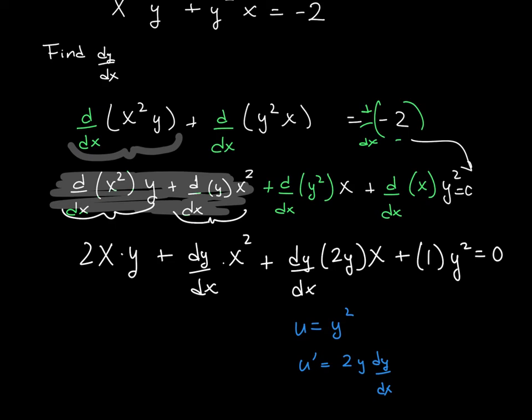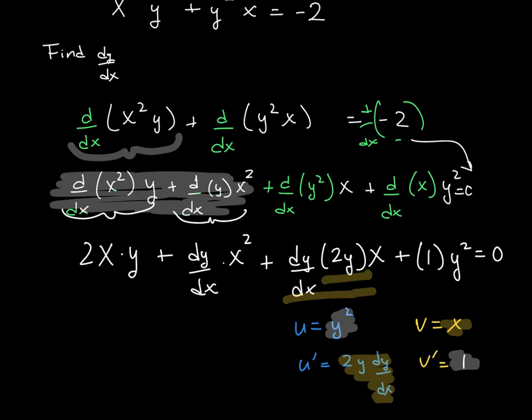Then the v portion would just be x, so v is equal to x. The derivative of v is just equal to 1. Again, you'll see the same thing. It's 2y dy/dx for this first piece, and then the second part is y squared times 1. You can use either set of notation.